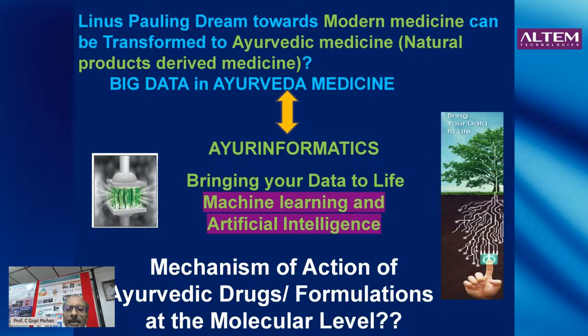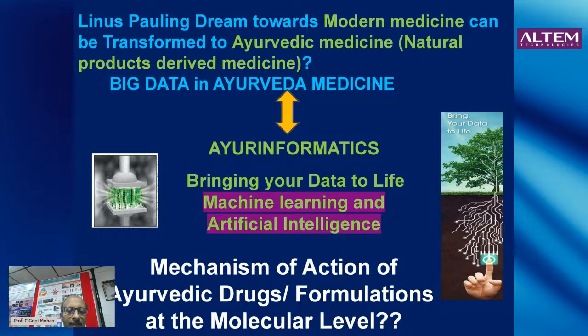So, bringing your data to life: how can we bring all the important information of this data, or the molecular aspects, to really curing the disease or the life process? So the latest trend in applying this, we call machine learning and artificial intelligence, along with all the methodology and techniques which we implement in solving these problems.